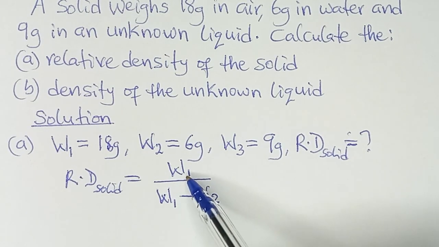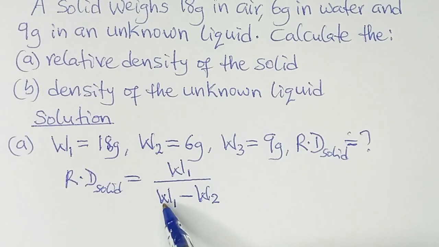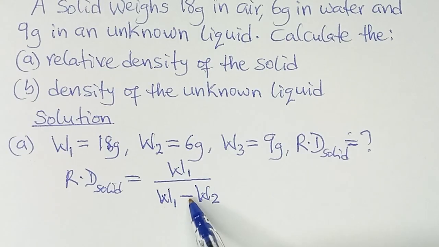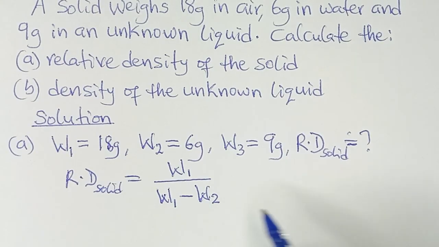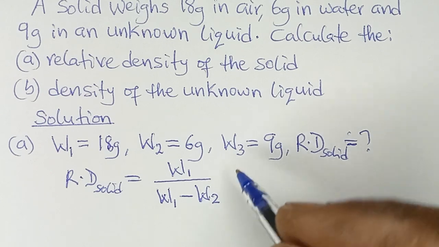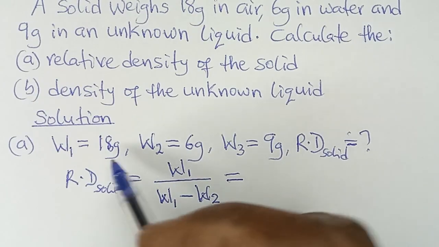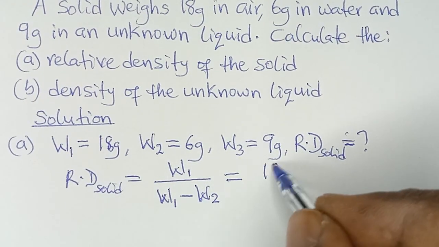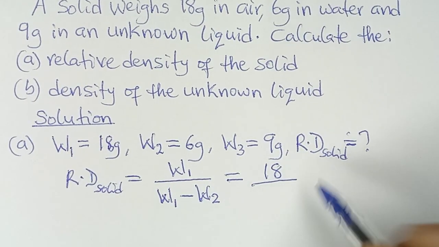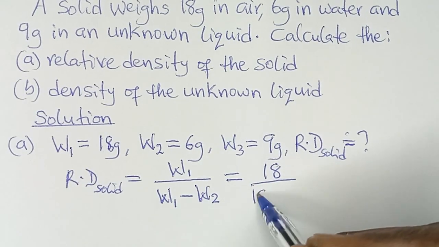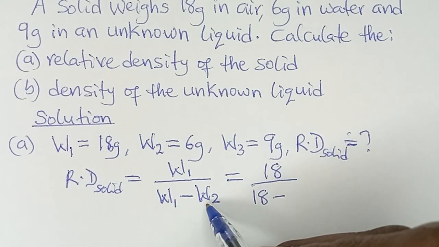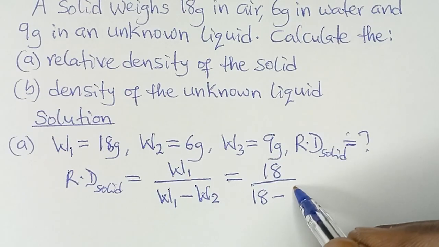So the weight of the solid in air divided by the loss of weight of the solid in water, which is the weight in air minus the weight in water. So with this formula now, we can go ahead and solve for the relative density. So W1, we can see that is 18, divided by W1, which is still 18, minus W2, which is 6.